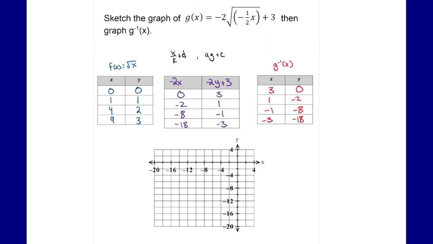So I'm going to graph the purple points. So 0 and 3, -2 and 1, -8 and -1, and -18 and -3.